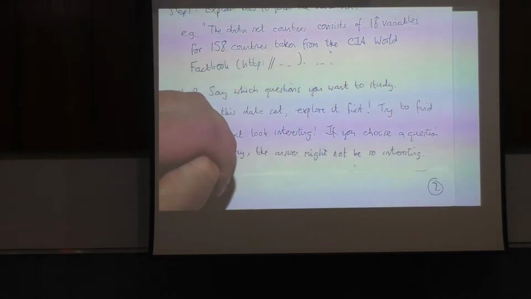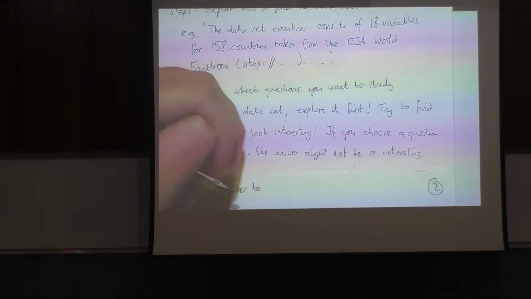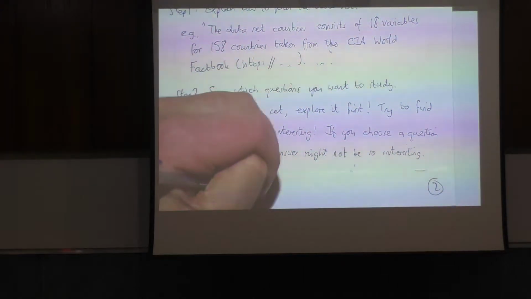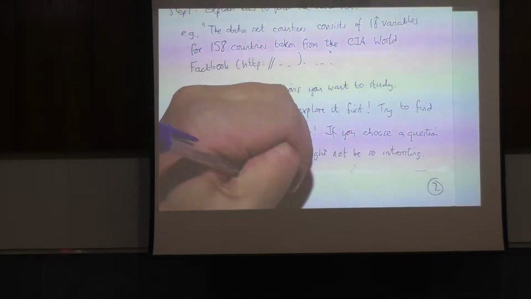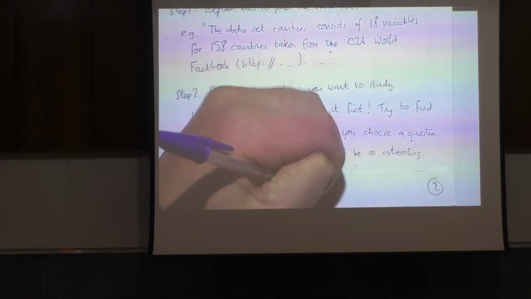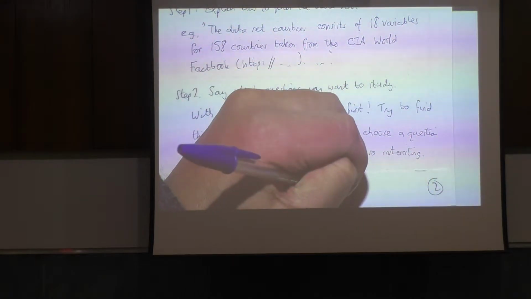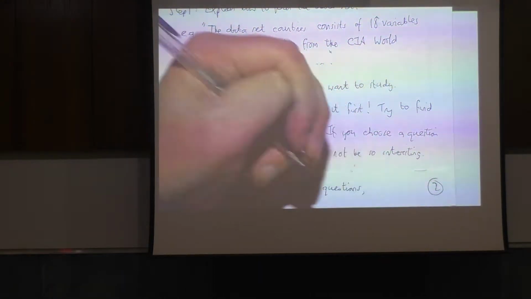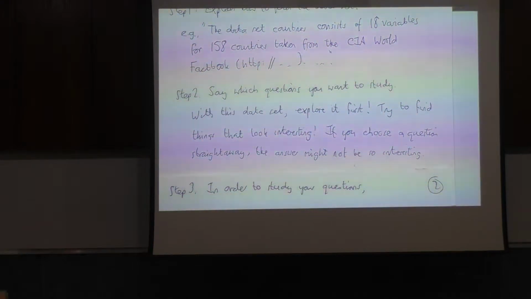So in order to study your question or questions, you may need to pre-process your data, and you should tell the reader how you're doing it and how they should do it.